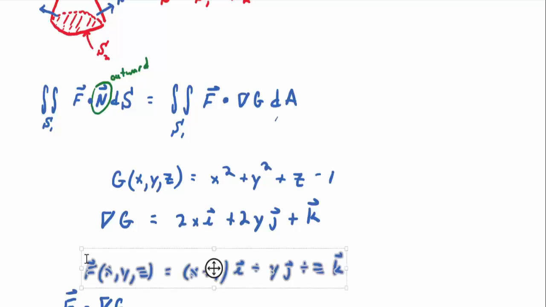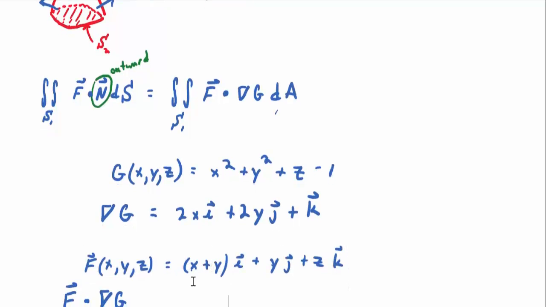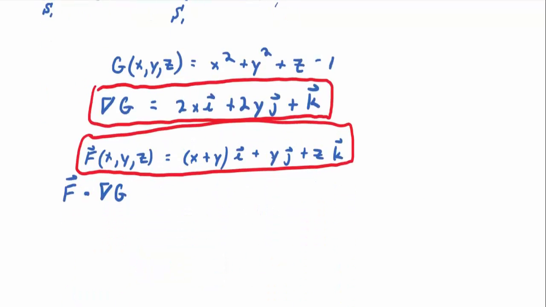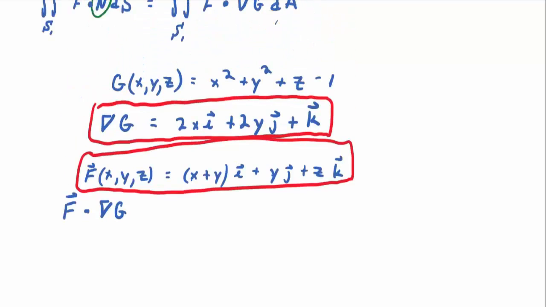And then we can take the dot product. So this guy is our f that we're given. This guy is the del G that we had to come up with based on the function lowercase g that gives S. And now we want to take f dot del G.